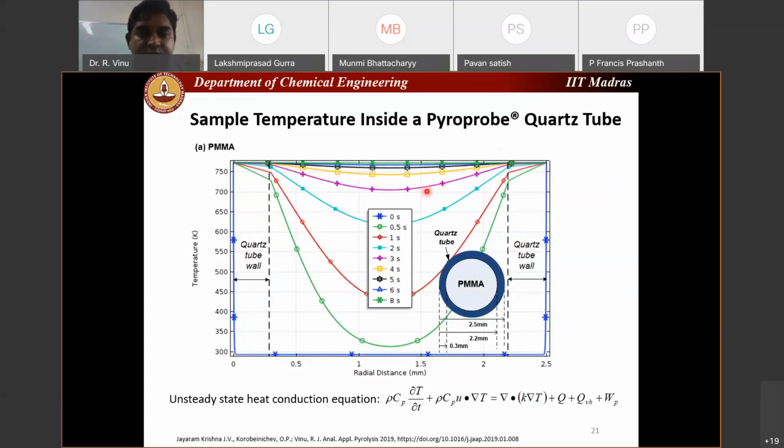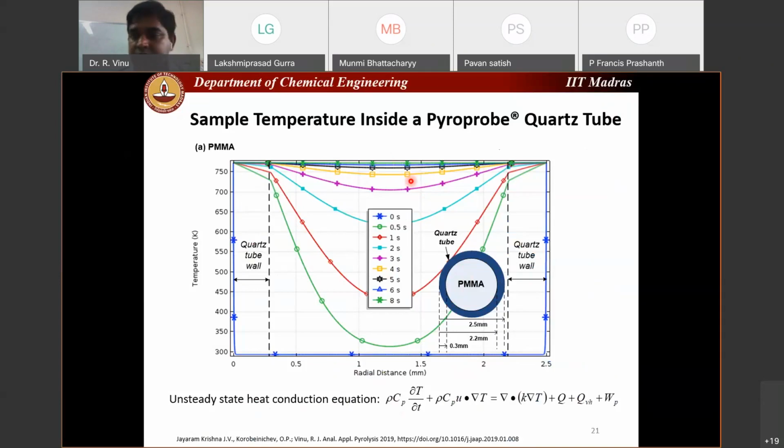If you set 500 degrees C, that is 773 Kelvin, it would take typically 3 to 4 seconds to reach the set temperature. So the heating rate is not as high as 300 or 400 Kelvin per second, but typically of the order of 150 to 200 Kelvin per second.